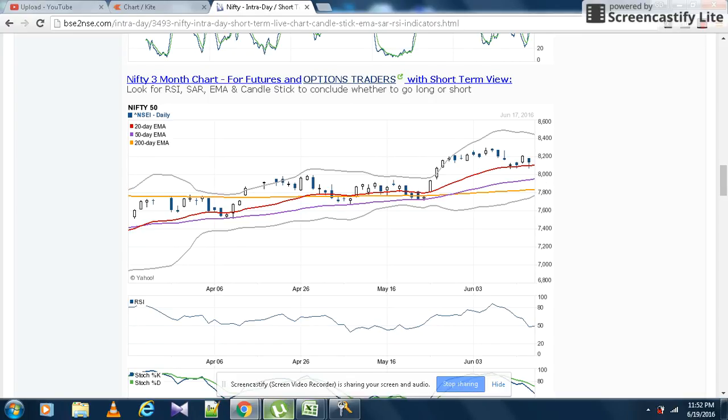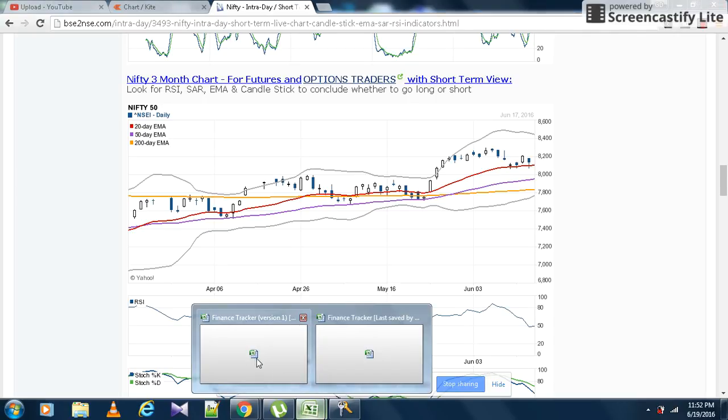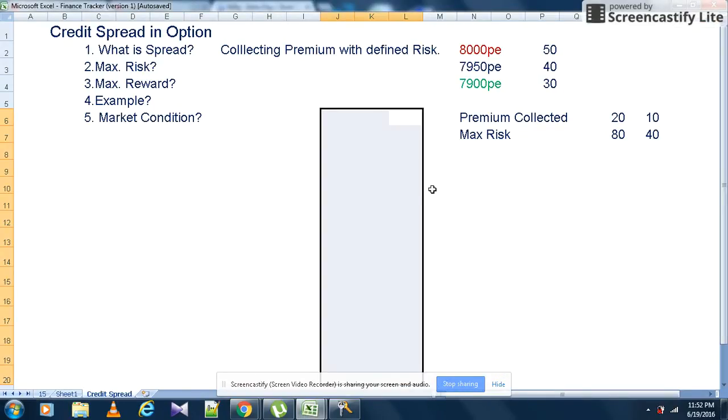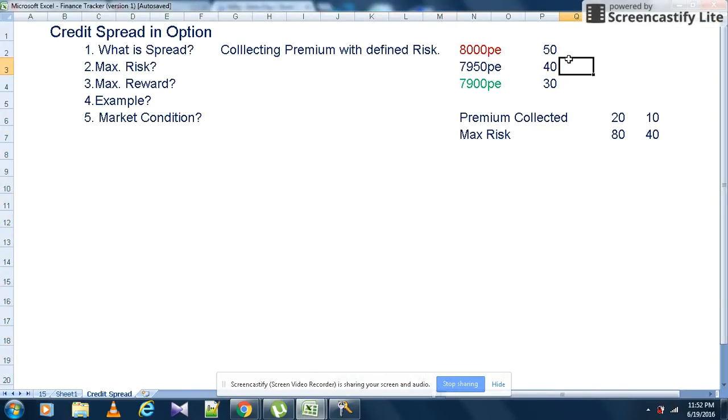So let's come back to our Excel. For this strategy, we need to sell an option contract with a high premium price. As we have already discussed, the support level for Nifty now is around 8000.